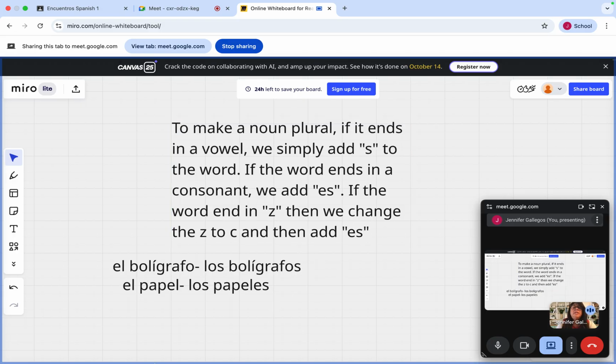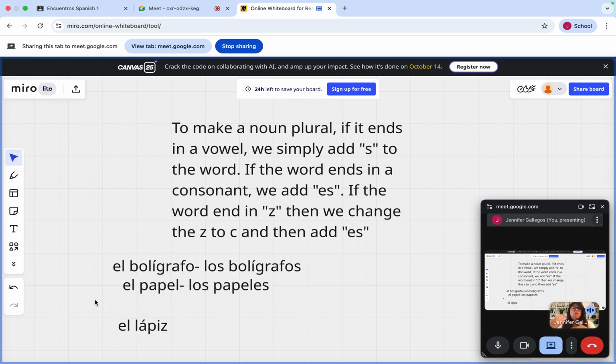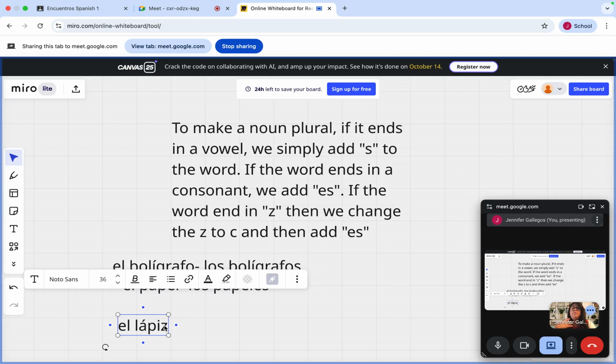Okay, so let's look at an example of this. El lápiz. Okay, so the pencil, it does end in Z, so we're going to perform that change, Z to C, and then add ES. So we're going from the pencil to the pencils. El lápiz, los lápices.